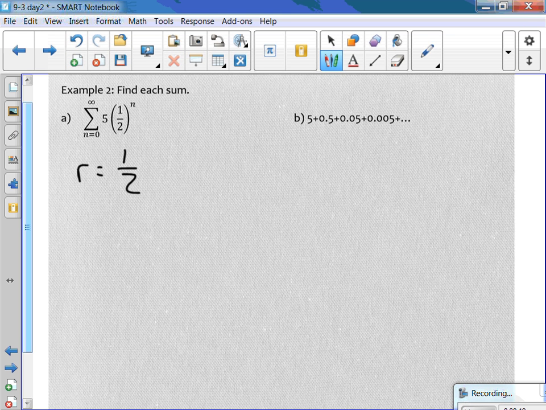So to utilize the formula for our geometric series, I need to know r, and I also need to know a1. So what is a1? When I let n equal 0, 1/2 to the 0 is 1, so I just wind up with a1 equal to 5. So, what's the formula again?